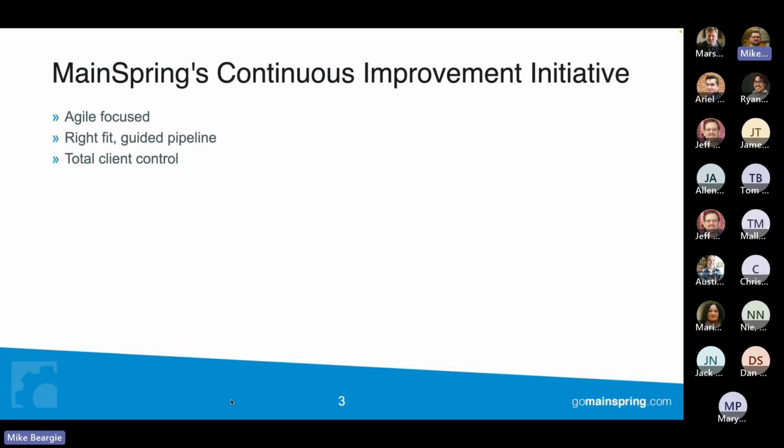So talking about our continuous improvement initiative a little bit, we've focused our pipeline around Agile. Agile methodology is a whole other session on its own, but basically what we're trying to do is break very large chunks of work down into very small chunks of work. If you have a to-do list that has 500 things on it that you want to do, we break it down so each little point on that 500 point checklist is its own thing to deal with and focus on.